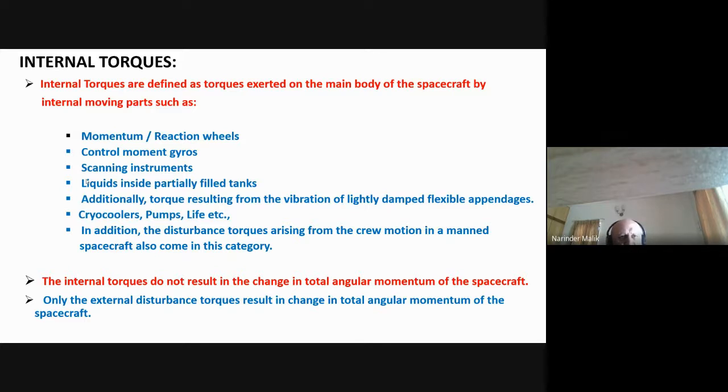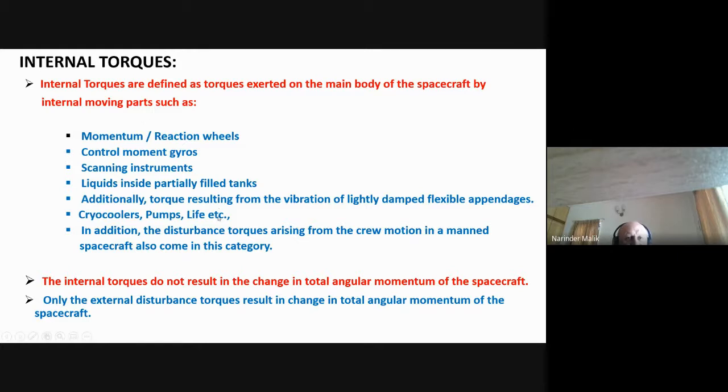Similarly, control moment gyros and scanning instruments. The first two can be used for control purposes, but they produce torque on the body, and how that torque is made use of we'll discuss. Any scanning motion of the instruments inside the spacecraft will produce a disturbance torque, which will affect the spacecraft attitude, and which has to be corrected with momentum and reaction wheels.